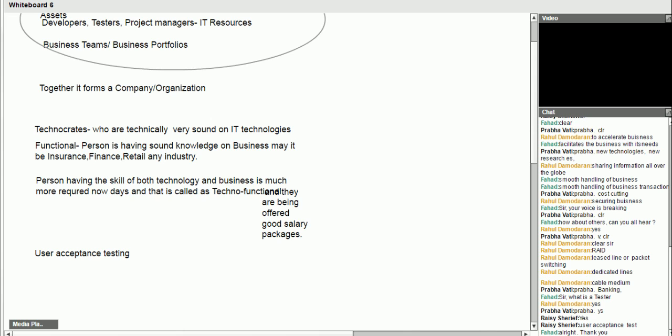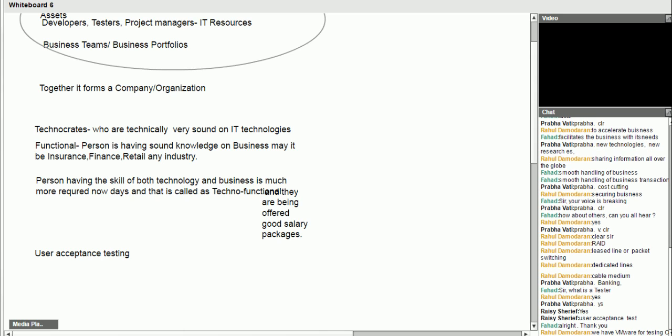Through this user acceptance testing, you have to prepare some test cases, which are nothing but real-time scenarios. You enter those scenarios into the system to check whether the system is working properly or needs to be rectified.